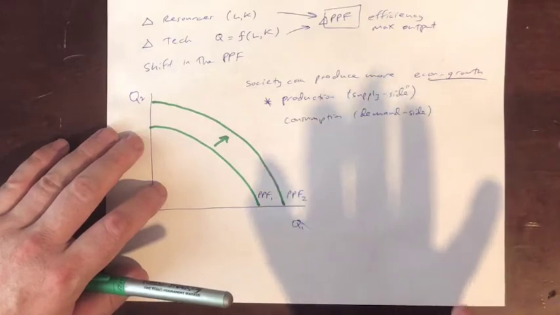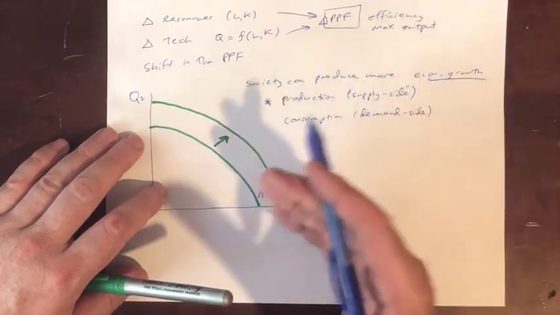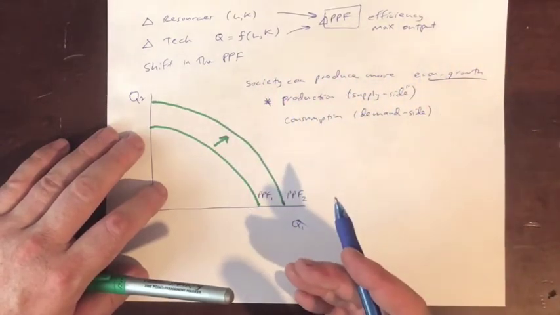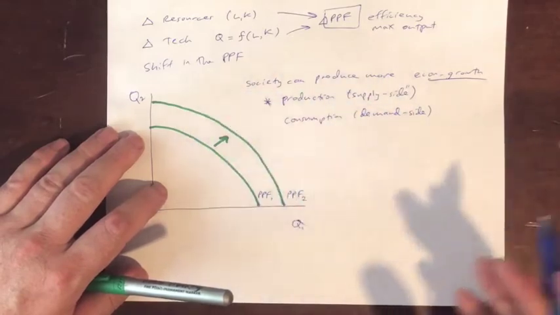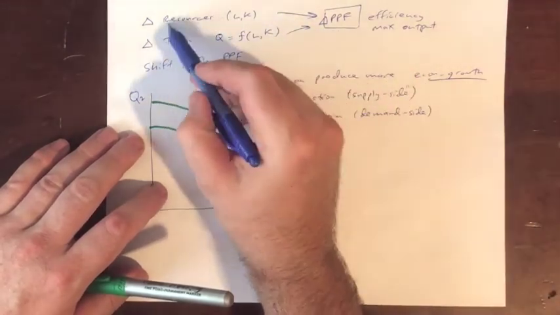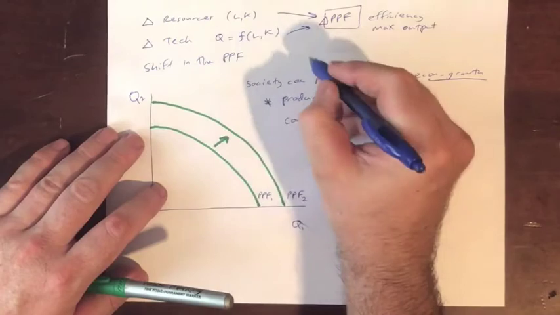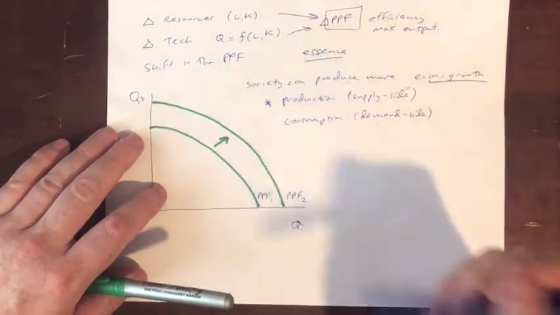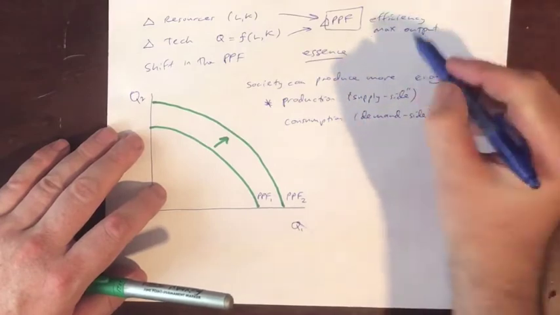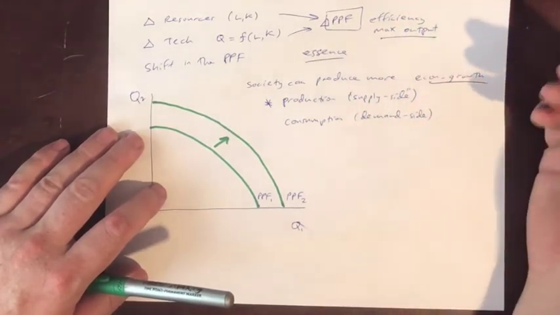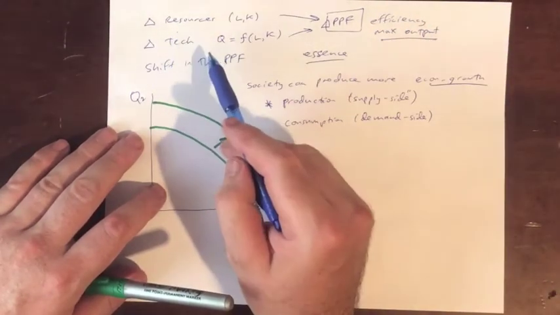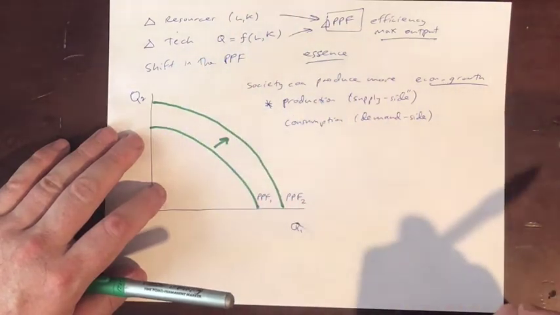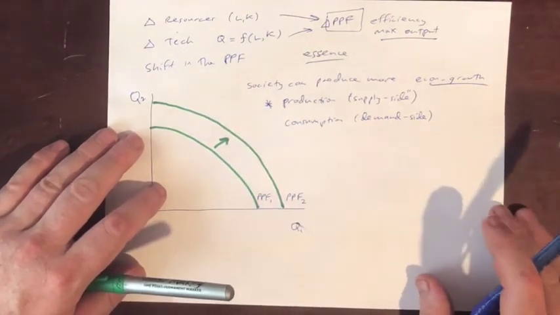Okay, so again, to try to draw a connection between this and what we talked about earlier, essentialism and so forth, these are the essences, right? The reason why the output is what it is is because of the resources and the technology, right? Those two things are very, very important in neoclassical economics.